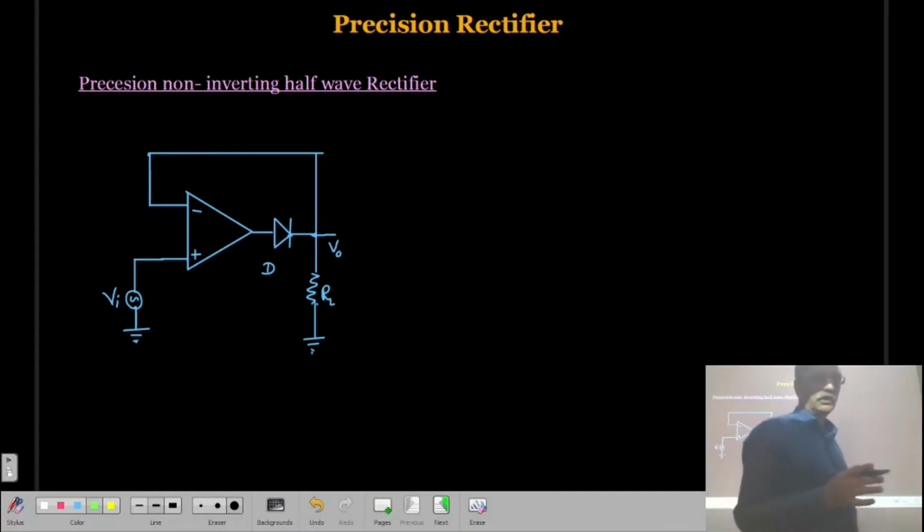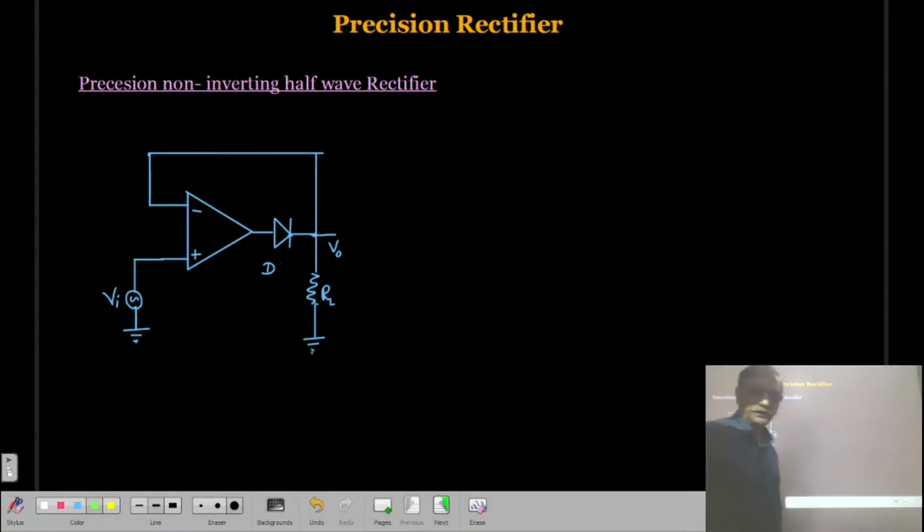Follower means the amplitude of the input and the output will be the same. The output follows the input, but between the operational amplifier and the output terminal we have connected a diode D, a practical diode, and we know that this diode will conduct only if the voltage drop across it is 0.7 volt.